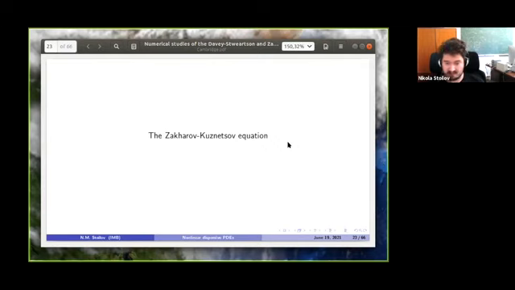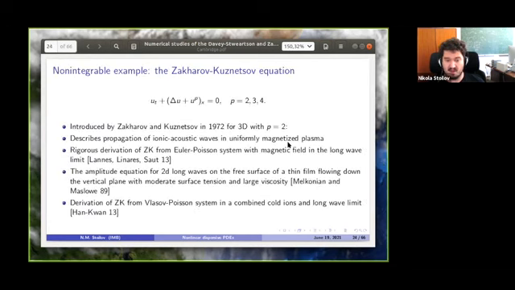So the second thing that I would like to talk about is the Zakharov-Kuznetsov equation. It was derived as a physical model for 3 dimensions with a fixed nonlinearity. We look at a more general setting. This describes the propagation of ionic acoustic waves in uniformly magnetized plasmas.